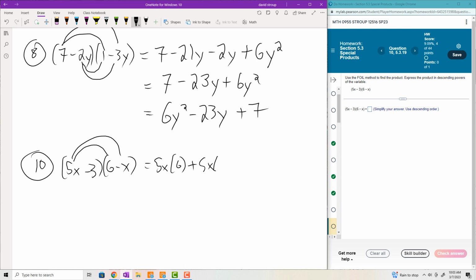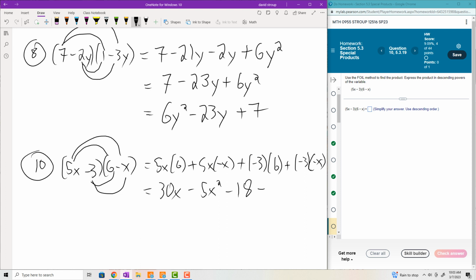Plus 5x times negative x, and then plus negative 3 times 6, and then plus negative 3 times negative x. So that's going to be 30x minus 5x squared minus 18, and then plus 3x. So we have to rearrange the order.